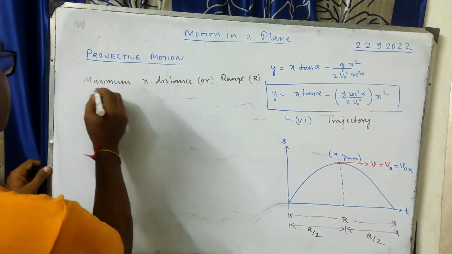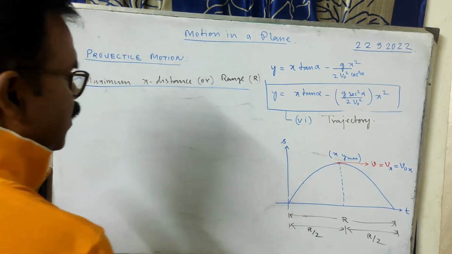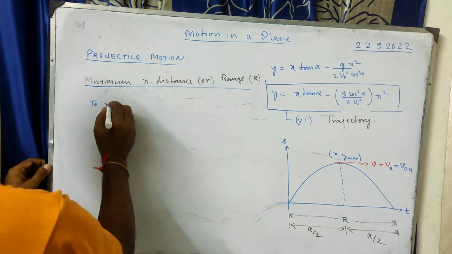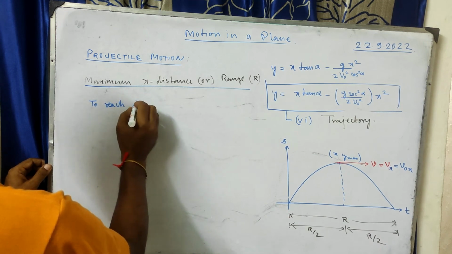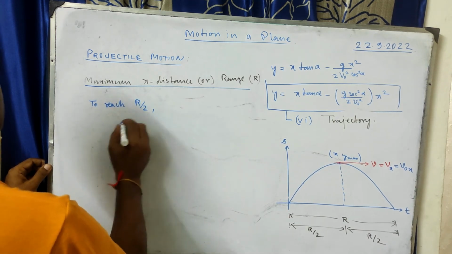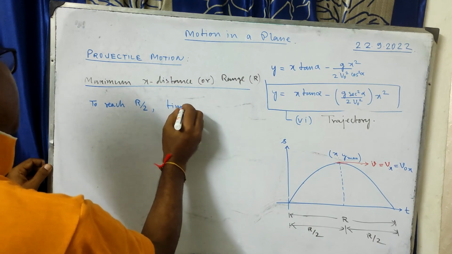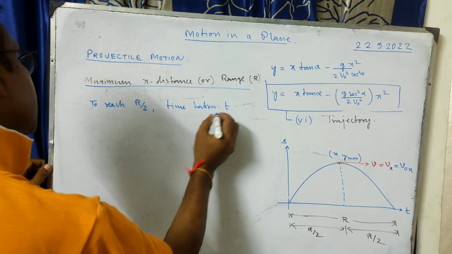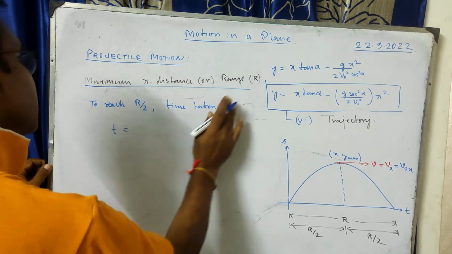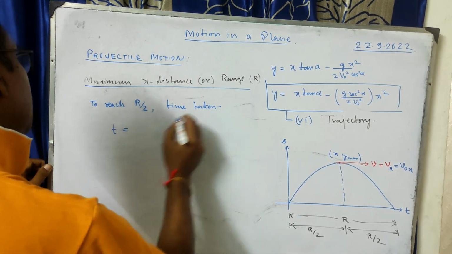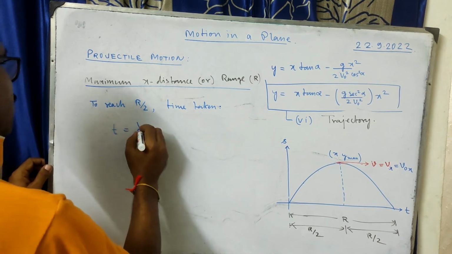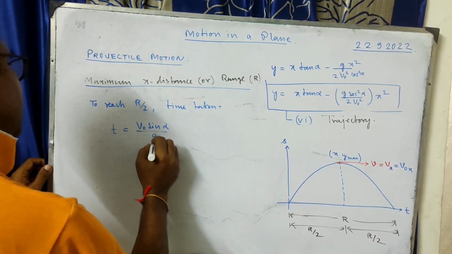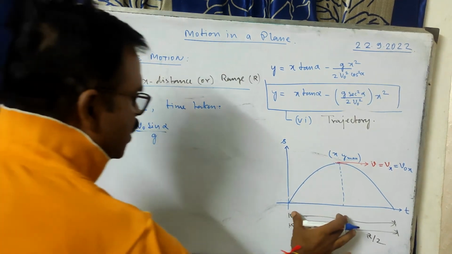Okay. So maximum horizontal distance is this. Now to reach R by 2, the time taken t is equal to what? V0 sin alpha by g. This is the time it takes to reach this distance.